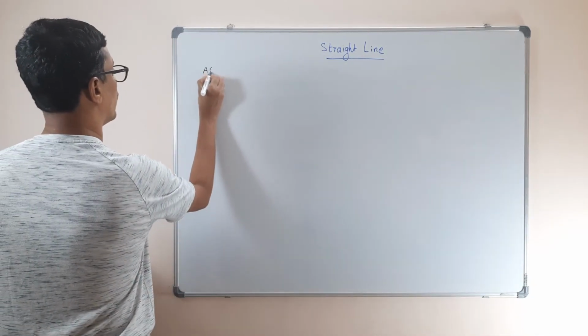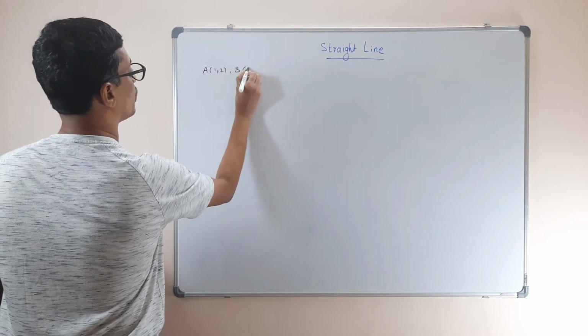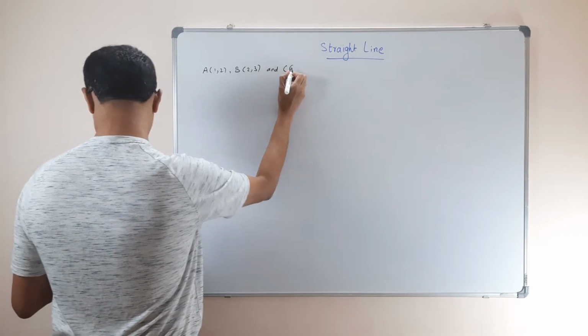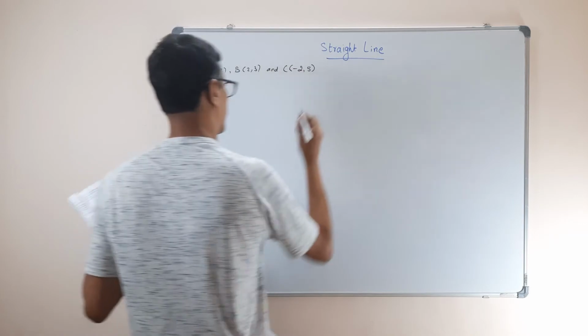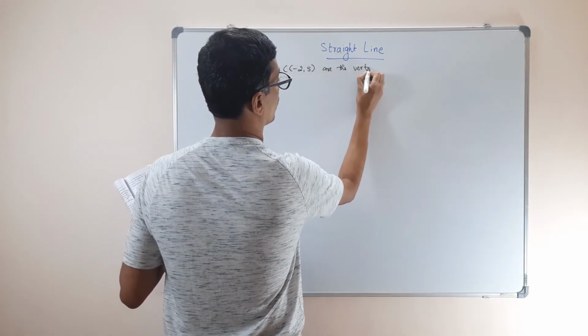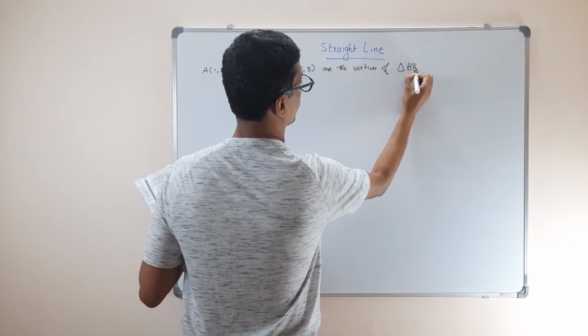A(1, 2), B(2, 3) and C(minus 2, 5) are the vertices of triangle ABC.